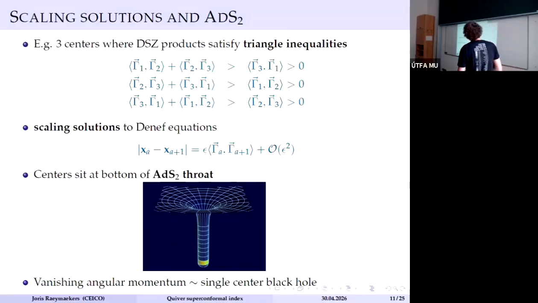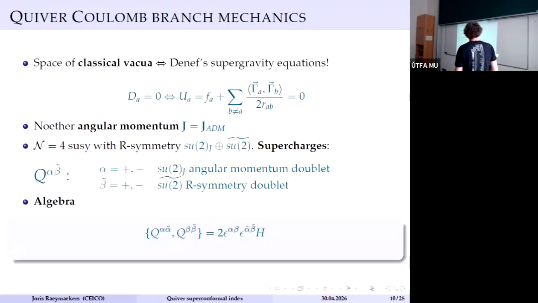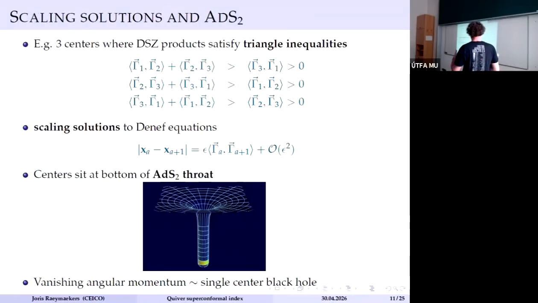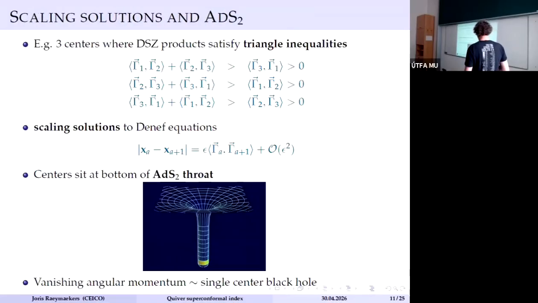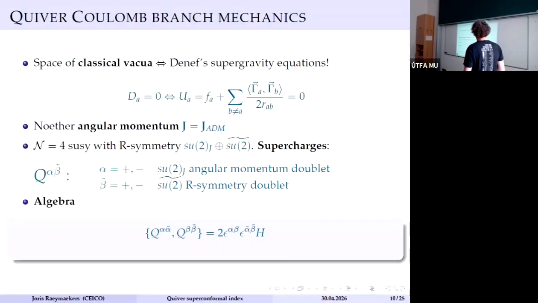So in the Dirac equations, you would get a lot of terms which are basically going like 1 over epsilon, but they cancel out, and the order 1 part can be adjusted to solve the constant term here. And in this way, you can construct a solution independent of these moduli parameters.